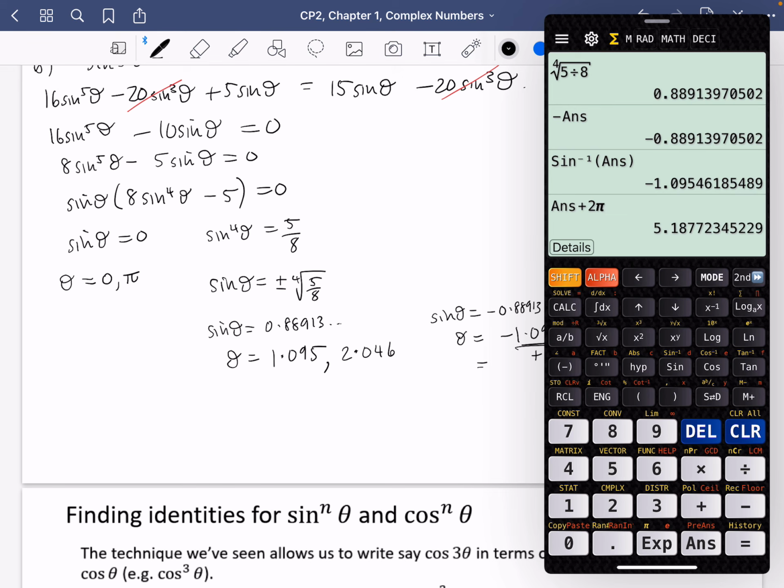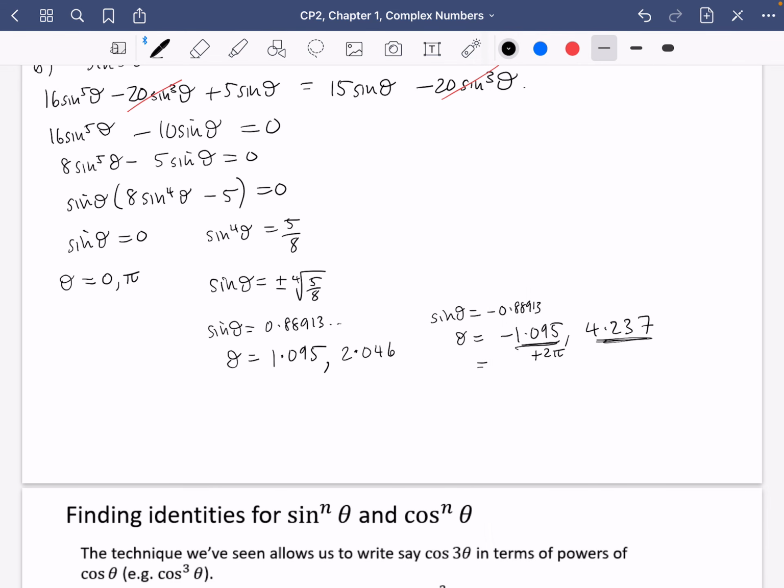So that you get 5.188, and not this one. So the solutions are 0, pi, 1.095, 2.046, 5.188, and 4.237. What a lot of work that is.